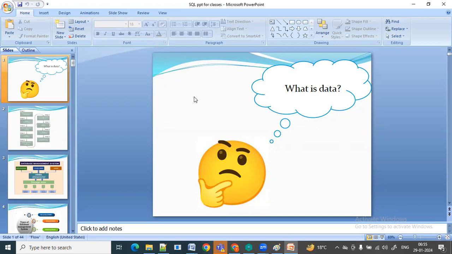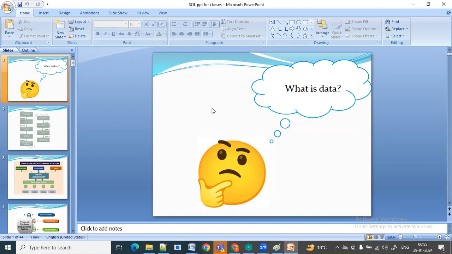Anyone? Okay, no worries. Now, the moment you go and search on Google, you will get a definition like this, I'm not sure exactly: the collection of raw facts and figures. They provide this with a bold headline on Google.